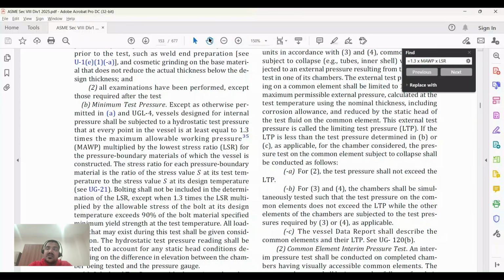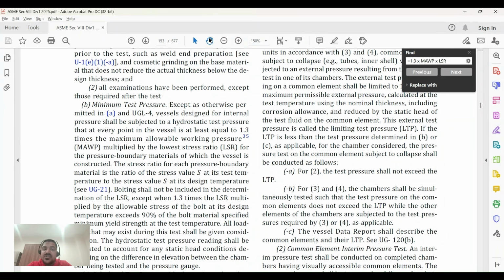Just to compensate that, what you do is you calculate the lowest stress ratio, which is by computing the minimum specified yield strength of the particular material at service temperature versus the minimum specified yield strength value of the material at the room temperature.